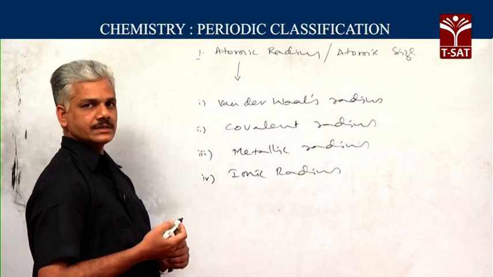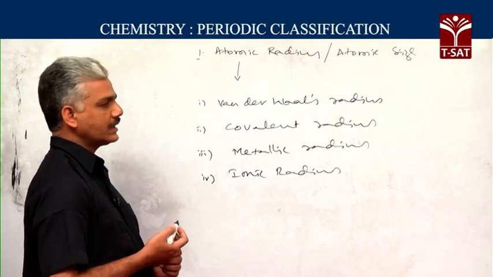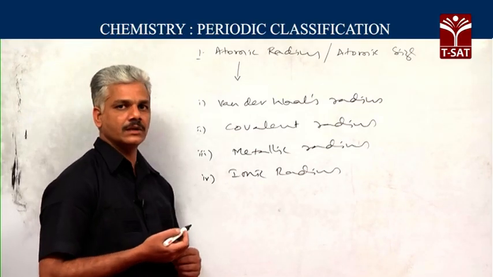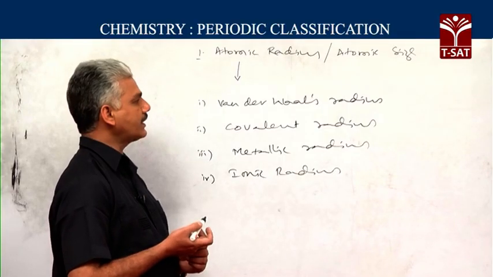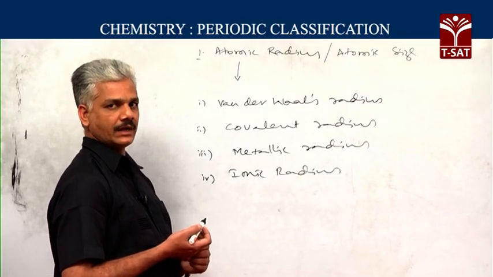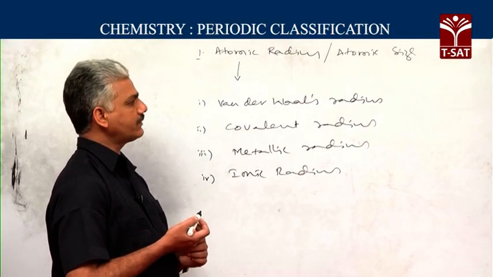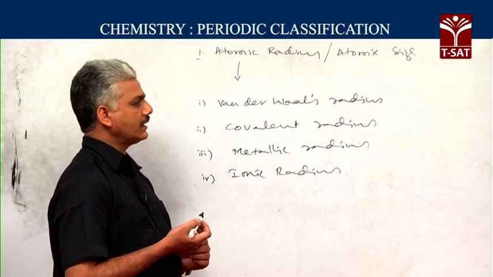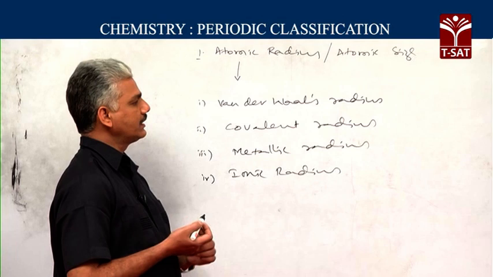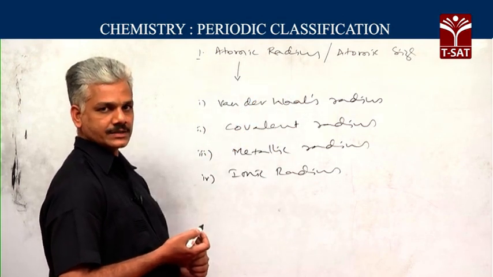Van der Waals radius is applicable for inert gas elements. It is taken as half the internuclear distance between two atoms bound by van der Waals forces of attraction. As these forces are very weak, this radius value will be the largest and can be generally compared as equivalent to atomic radius.